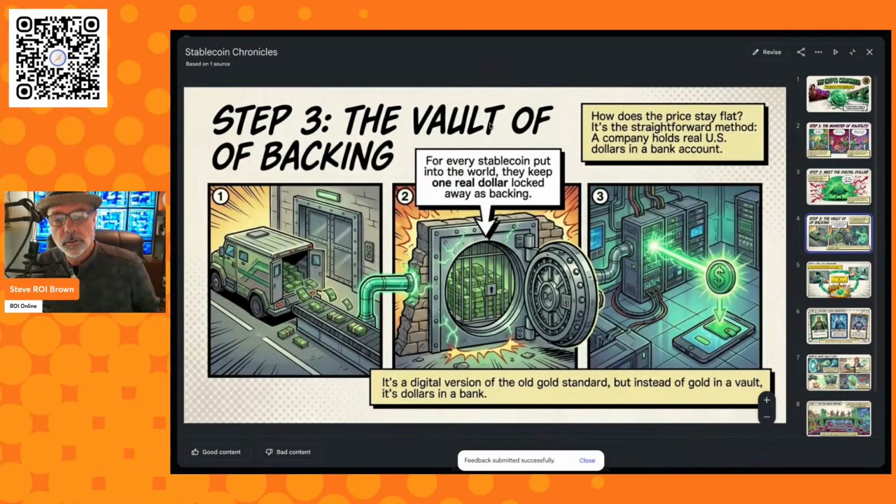So the vault backing. Here's illustrating that for every stable coin, there's a dollar associated with it that's locked up and ready to go. And it creates the stability and that shows the technical simplicity, how easy it is to send crypto, or in this case, stablecoin from one person to another.